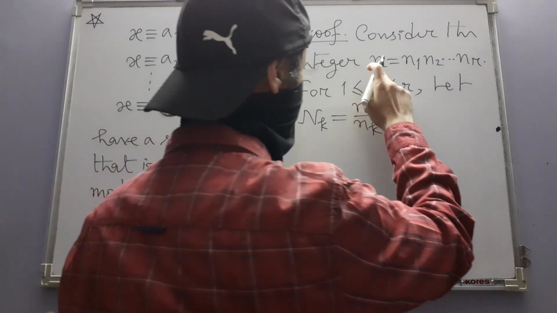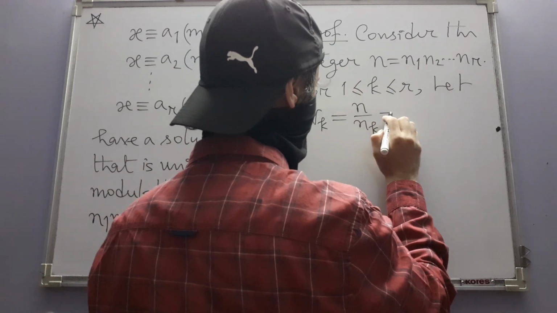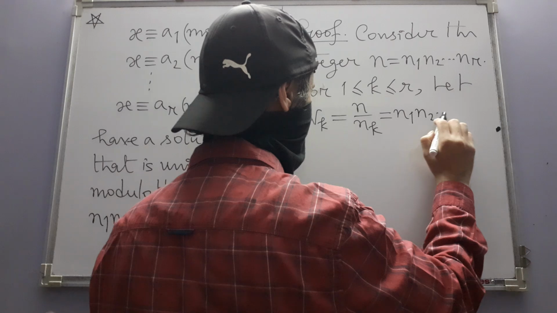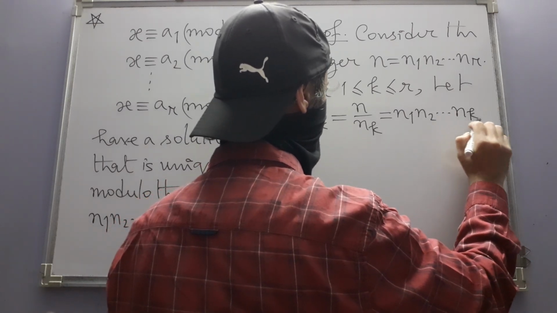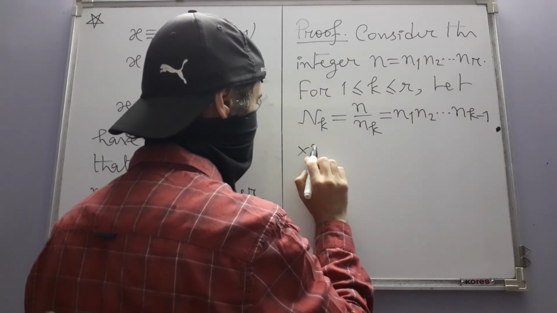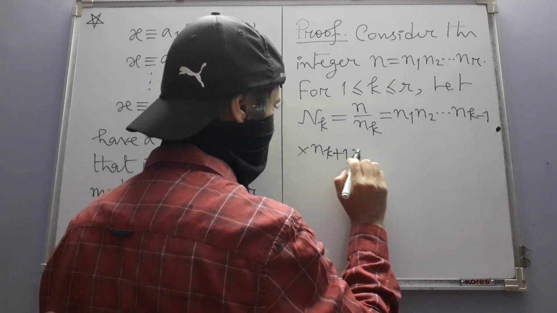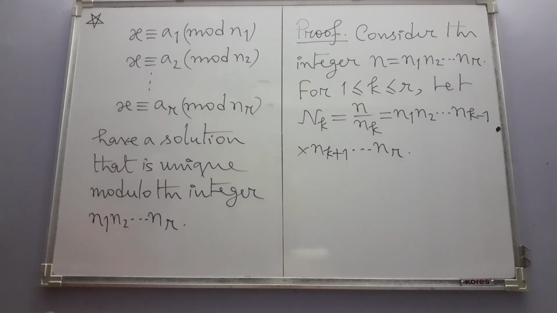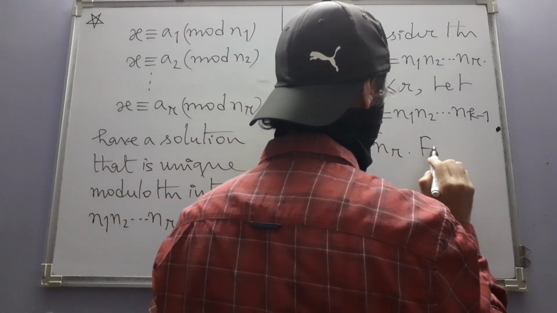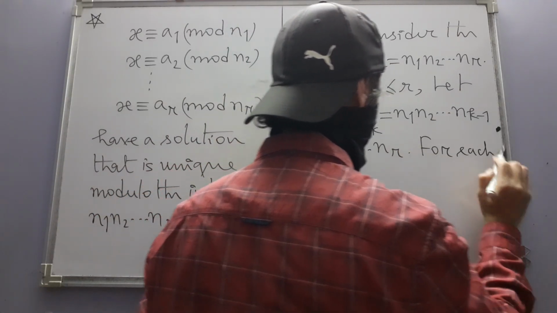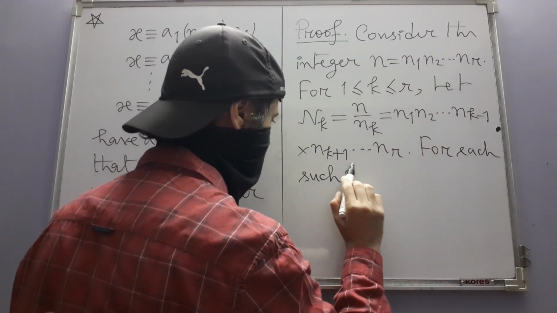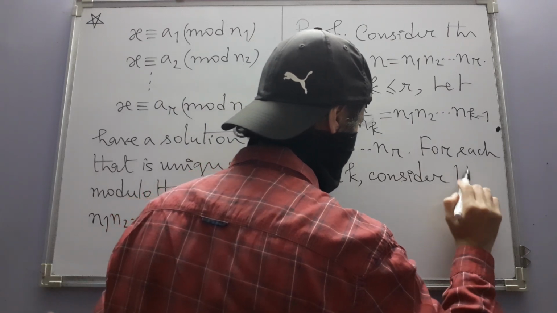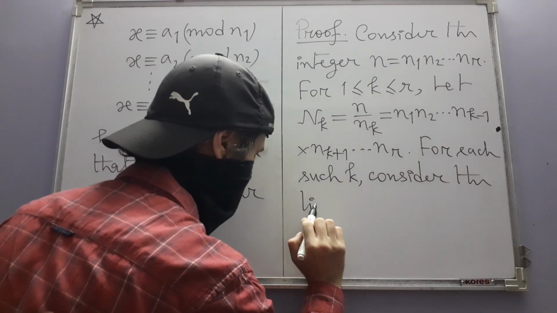In other words, because n is the product of all the n_k's, they all will be there except n_k: n1 up to n_{k-1} times n_{k+1} up to n_r. All right. For each such k, consider the linear congruence.